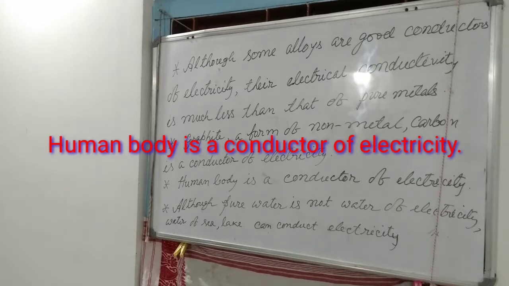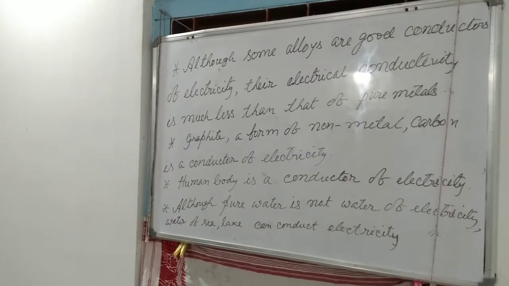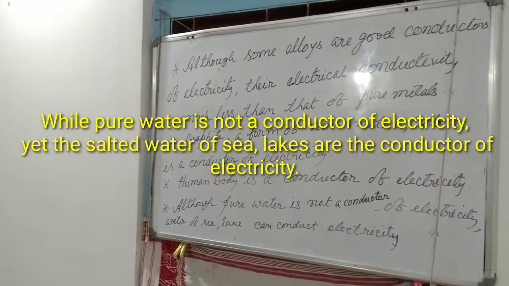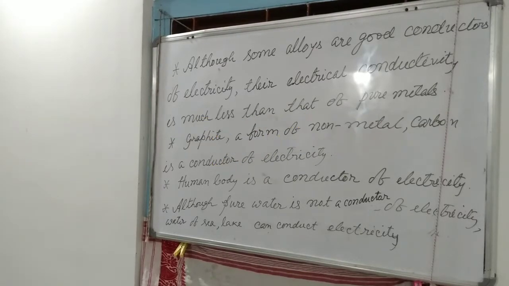Although pure water is not a conductor of electricity, the water of seas and lakes can conduct electricity. You know that there is a lot of common salt, sodium chloride, present in the water of seas and lakes.